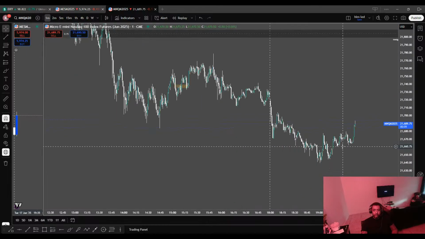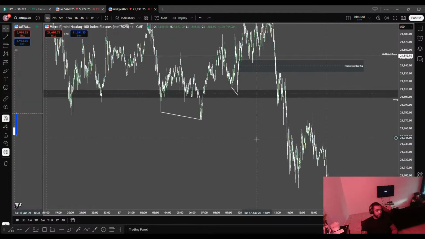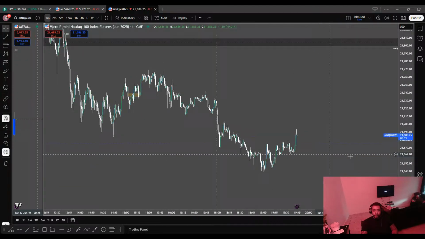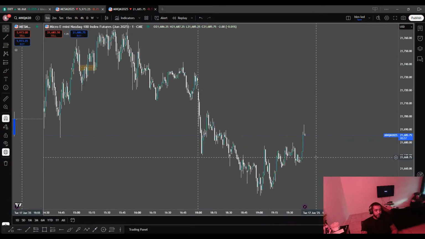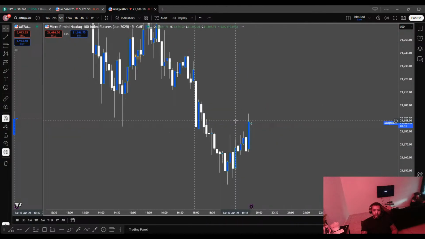So I'm expecting higher prices because, look at this, this is too smooth right here. See if you could catch a trade. Go to the 5 minute.